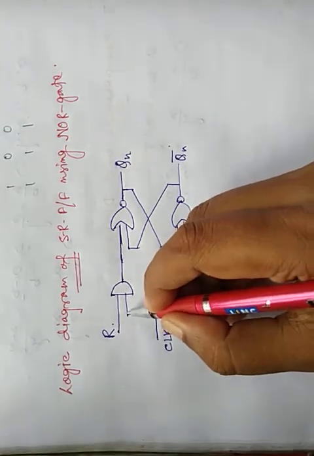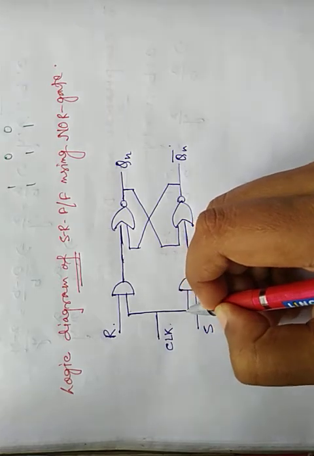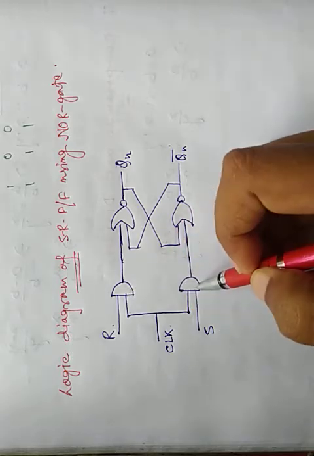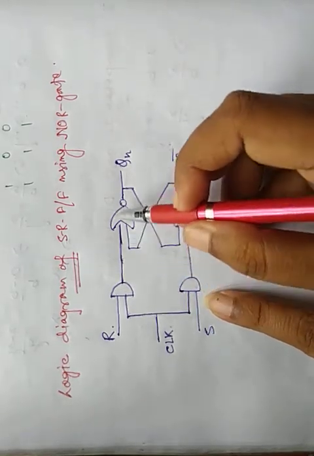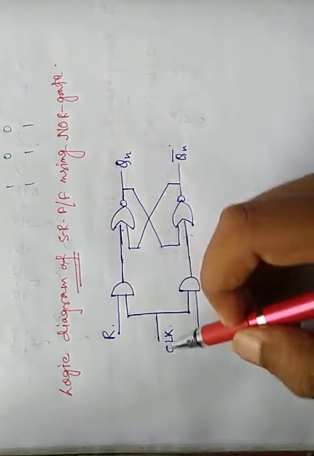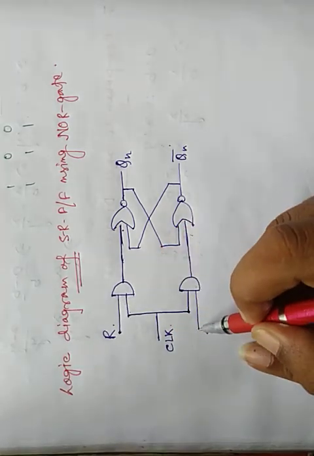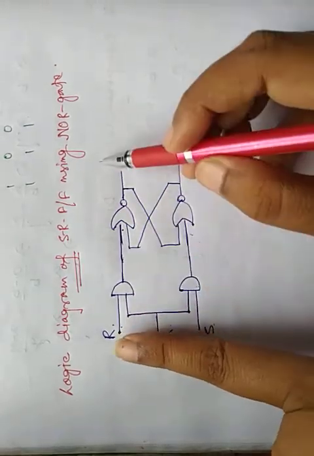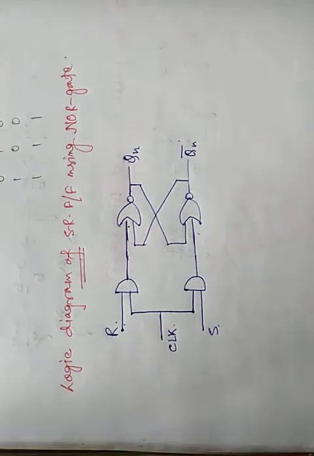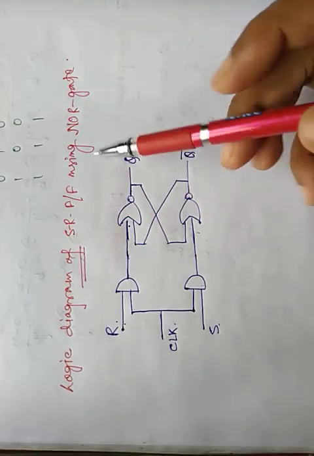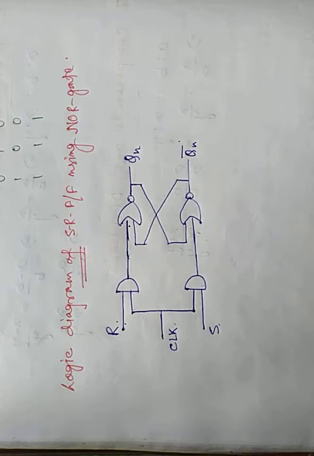Clock means a single electric pulse which is fed to the inputs of the two AND gates, which are added to the SR latch, and the other two inputs are the other two signals, that is S and R. So this is the logic diagram of SR flip-flop using NOR gate.